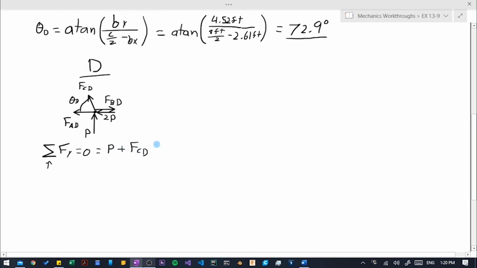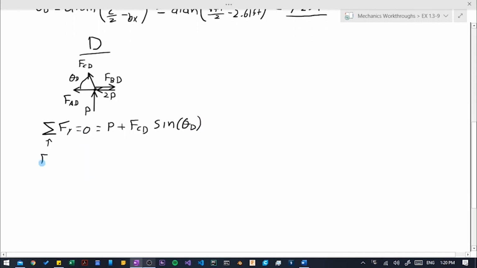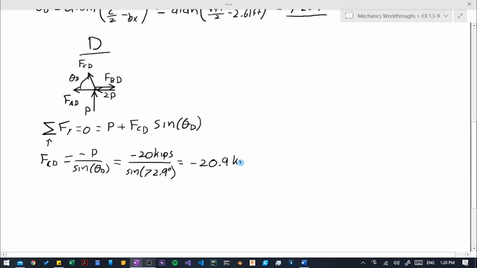We need the y component of our member force, so we multiply by sine of theta D. And then we rearrange. This is equal to negative 20.9 kips.